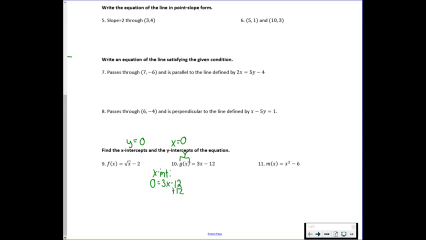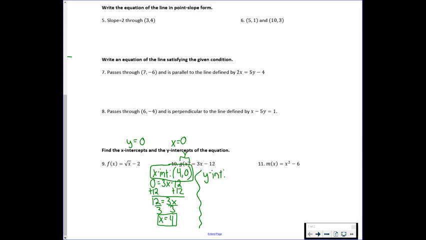I'm going to add 12 to both sides of my equation. 12 equals 3x. Divide by 3 on both sides, so that x equals 4. Okay, so my x-intercept, again, my y was 0, my x was 4. So that's the x-intercept.